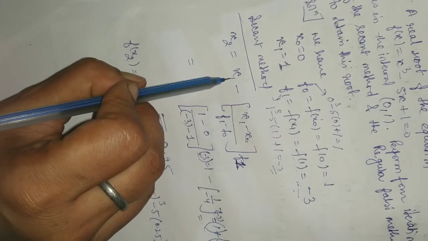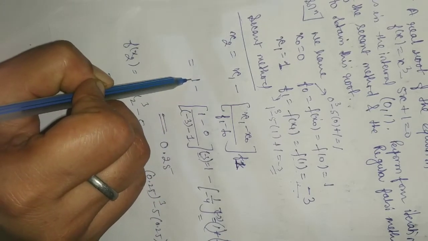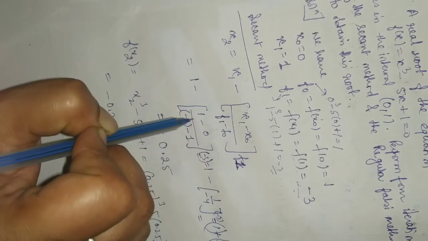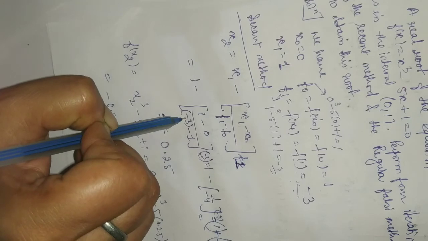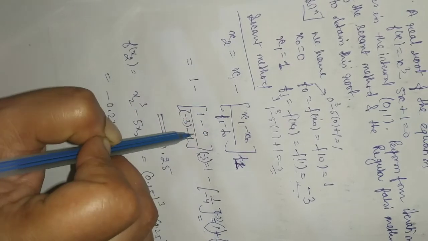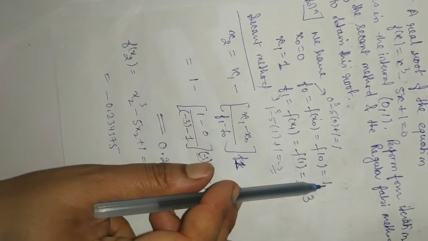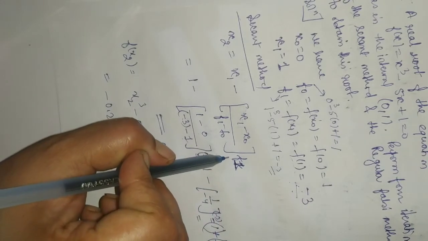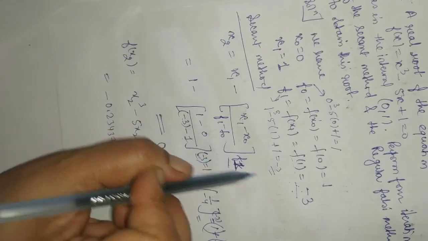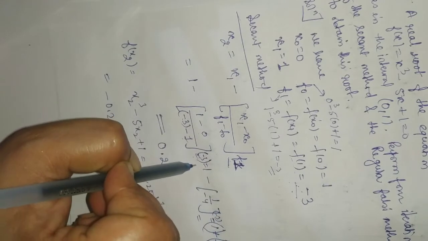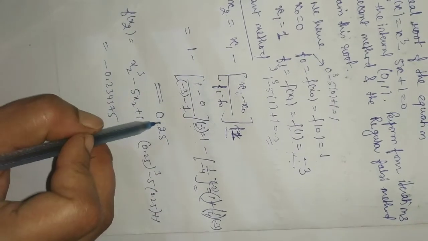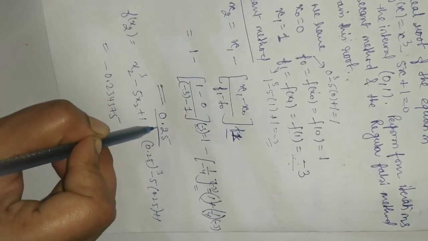x1 is 1, x0 is 0, f of x1 is minus 3, f of 0 is 1, and we multiply by f of 1, which is minus 3, which gives this solution. After substituting we get 0.25.